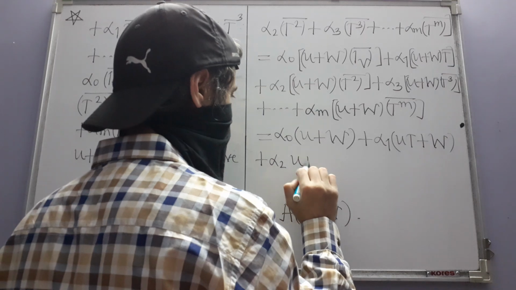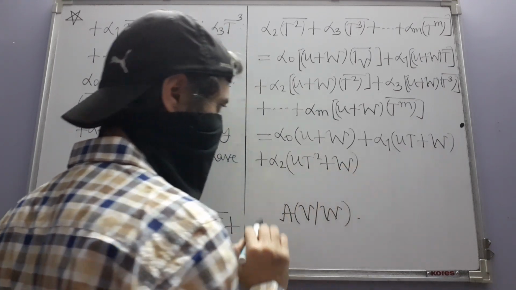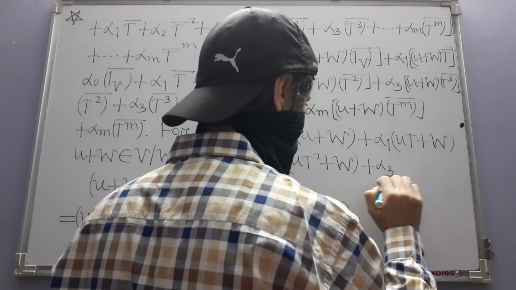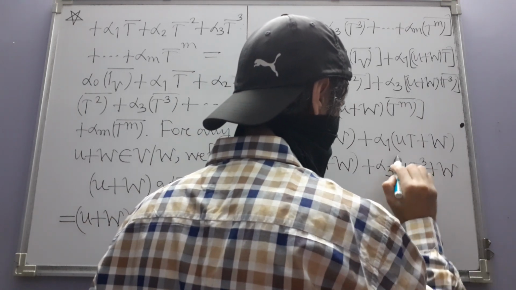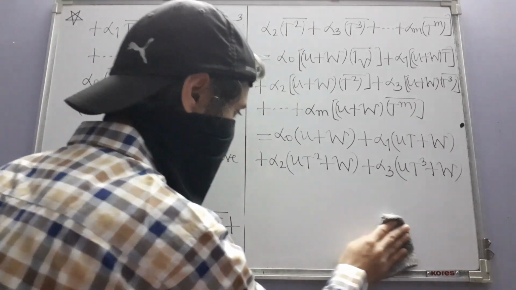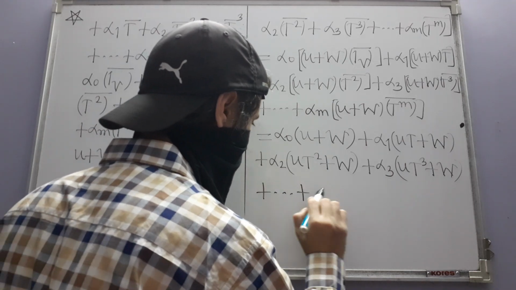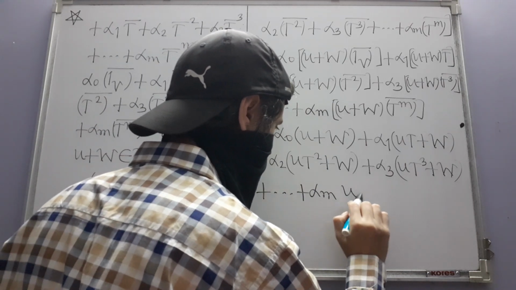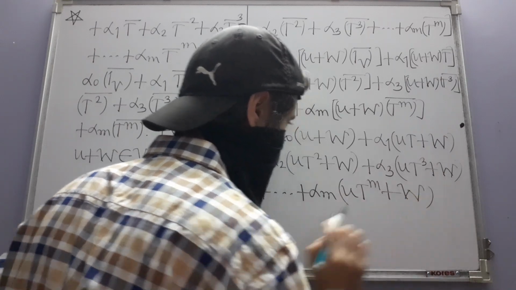Alpha 2 ut square plus w plus alpha 3 ut cube plus w and finally plus alpha m u t to the power m plus w.